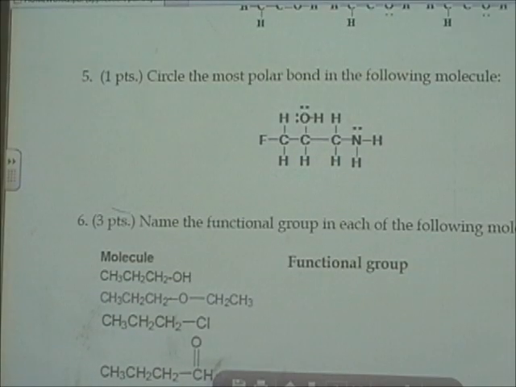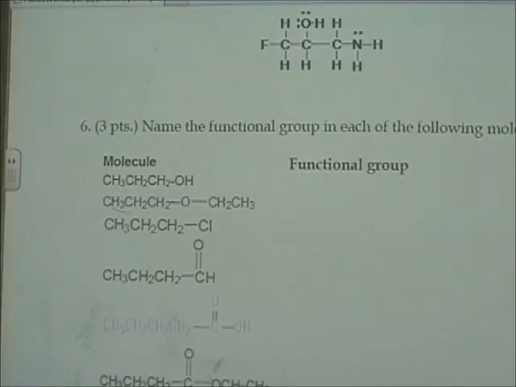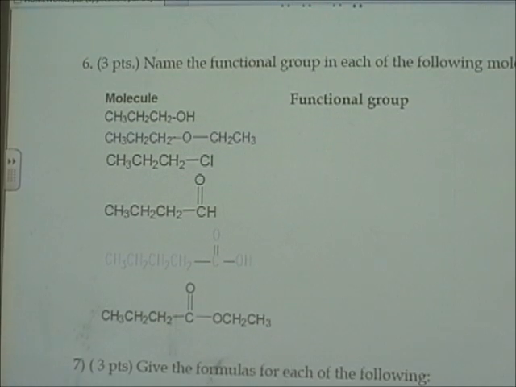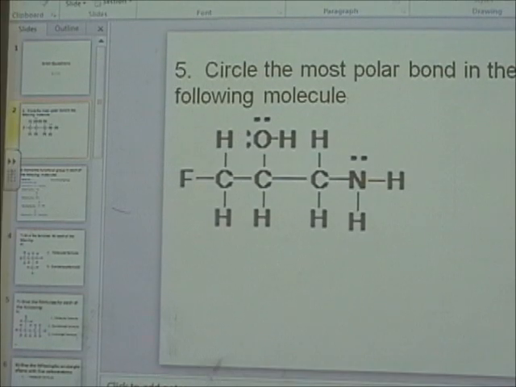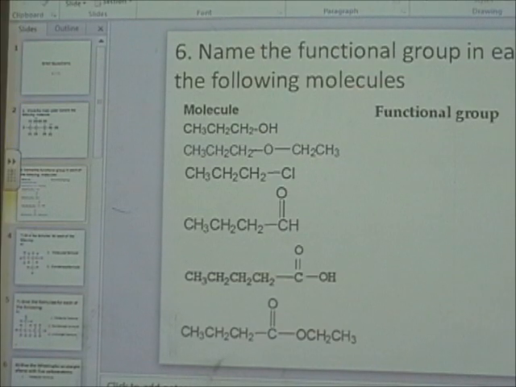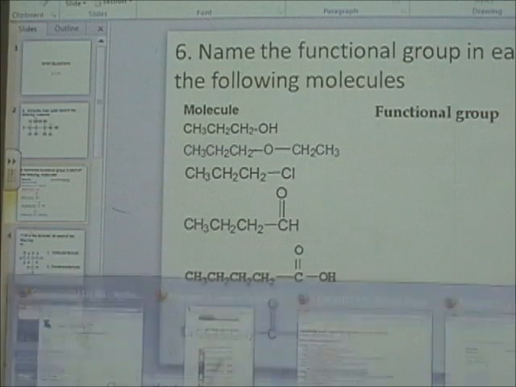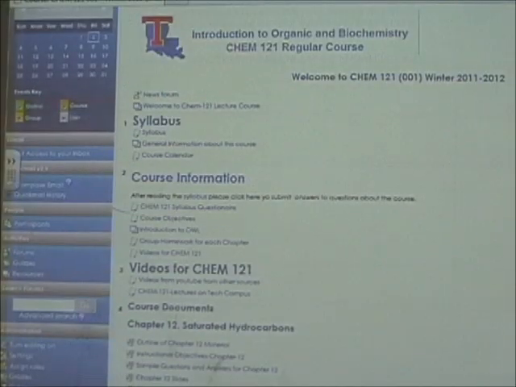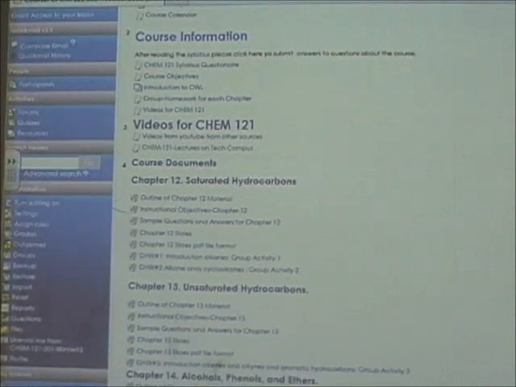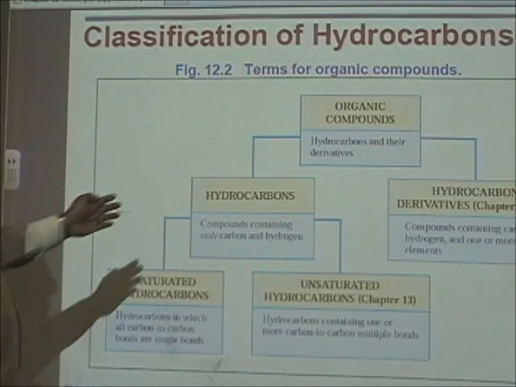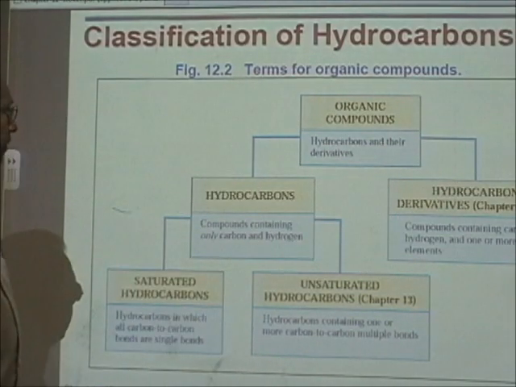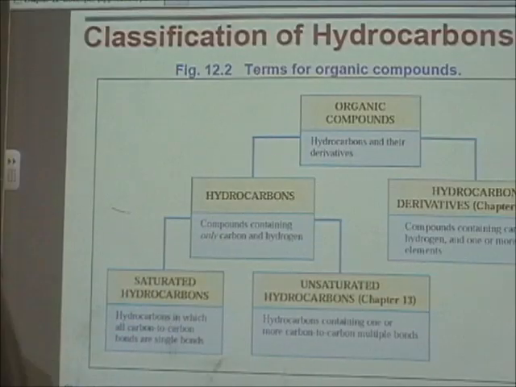This next question. Let me introduce this one a little bit more. Why are we doing this? Let me get some slides here. Chapter 12 slides. Basically, organic compounds are hydrocarbons and hydrocarbon derivatives.